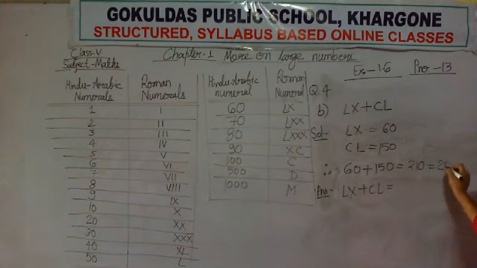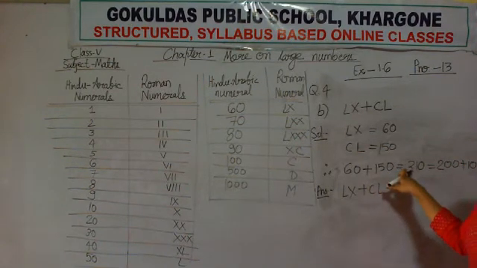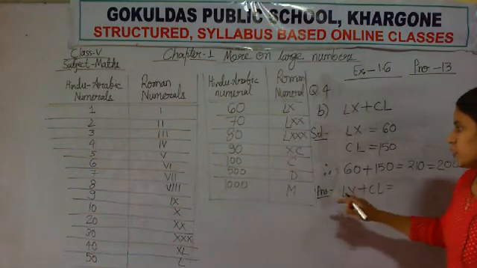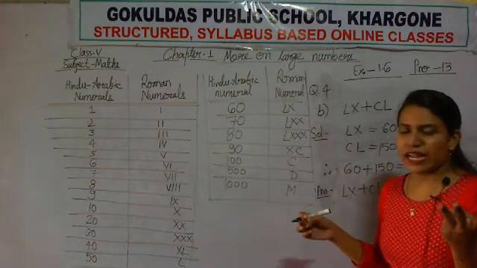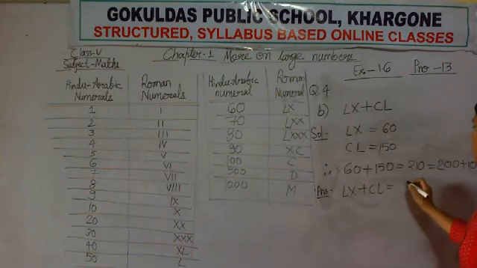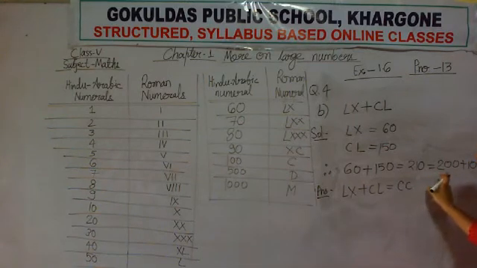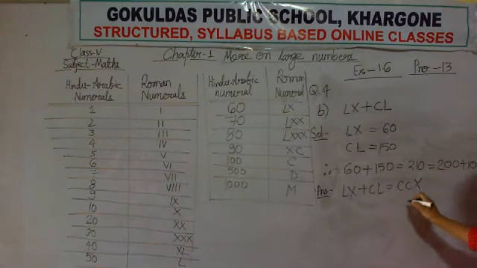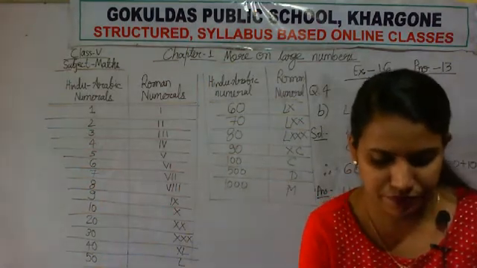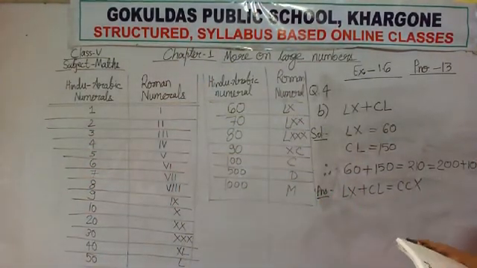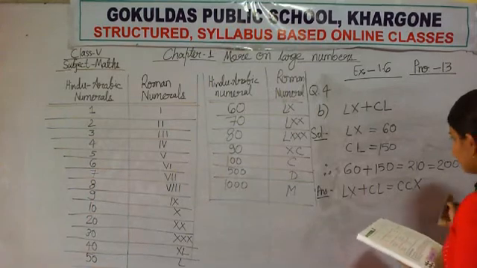When you expand it, you will get 200 plus 10, right? You can repeat C three times at maximum. So we represent 200 by CC and for 10 we write X. Let's do the next part of this.